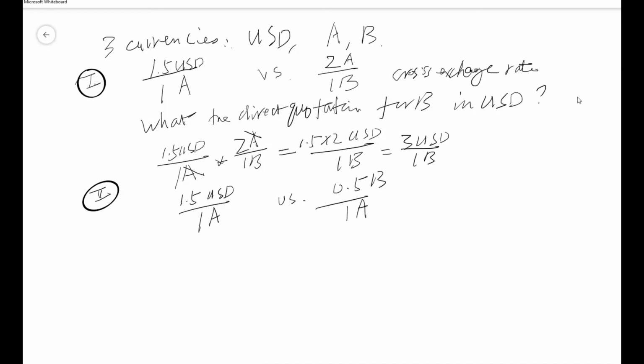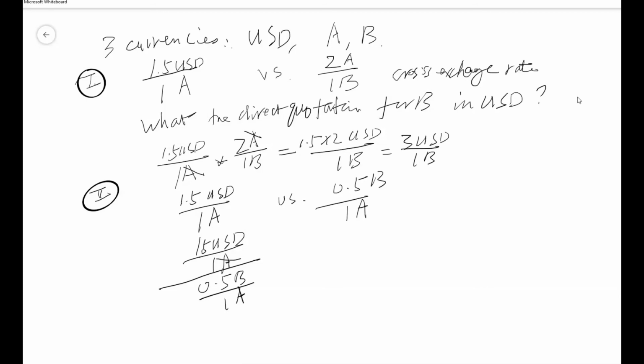This one is the reciprocal of the other one: if that is direct, this is indirect. With the A as denominator, it is 1.5 USD for 1A, divided by 0.5B for 1A.